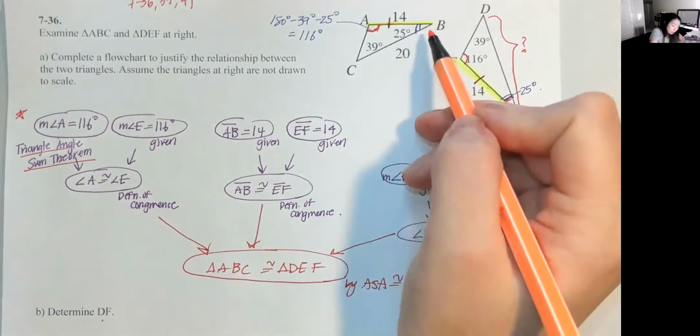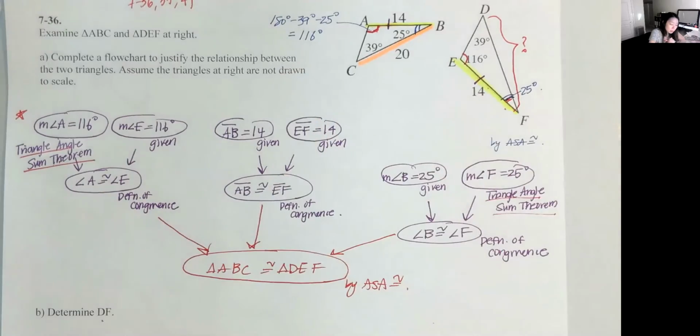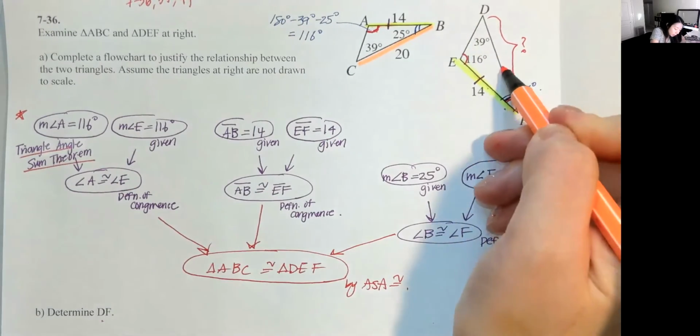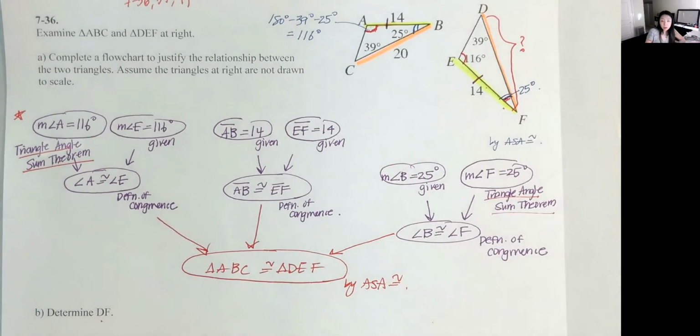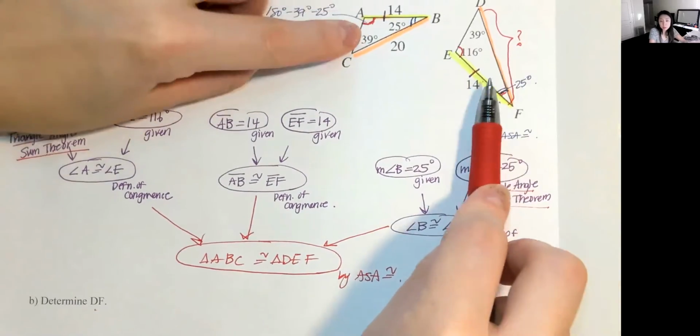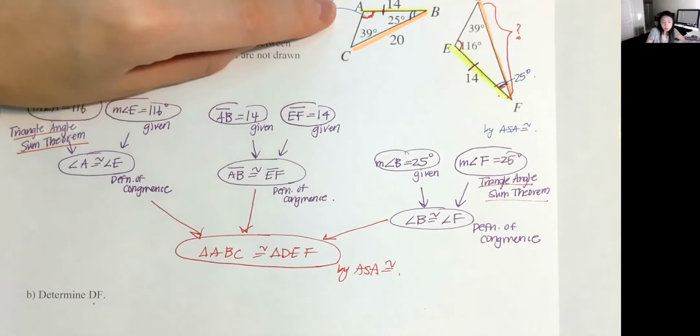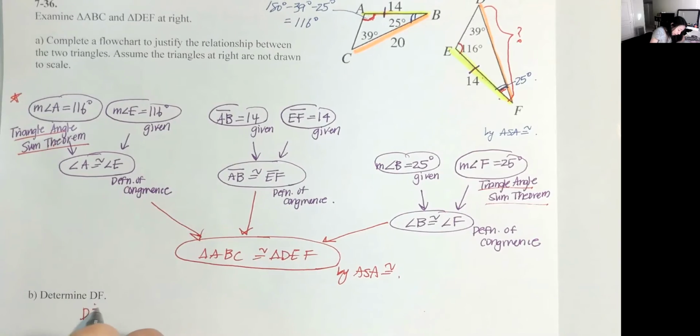Yeah. BC corresponds to FD. Therefore, they both have the same length because they are congruent triangles, and congruent triangles must have the same sides. So DF is going to be 20.